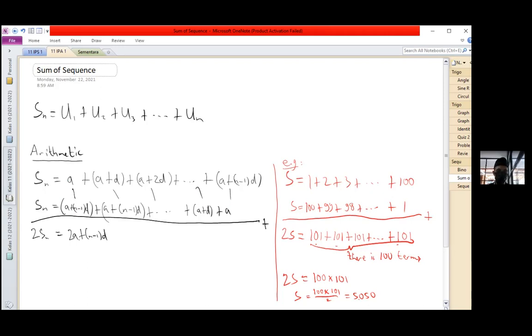So a plus a plus n minus 1 times d; then a plus d plus a plus n minus 2 times d, we'll get 2a again, and d plus n minus 2 times d is again n minus 1 times d, right? And so on. So each term adds up to the same number.